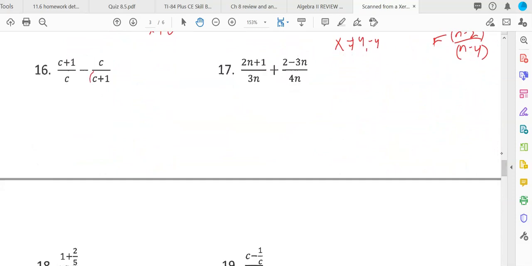Okay, I need the same denominator, so I need this one to be c times c plus 1, and this one needs to be c plus 1 times c. So I get on the left c squared plus 2c plus 1 minus c squared all over c plus 1 times c.